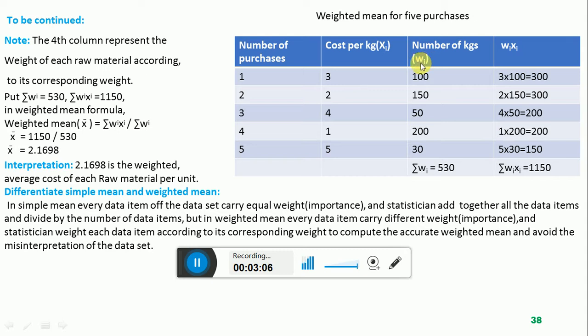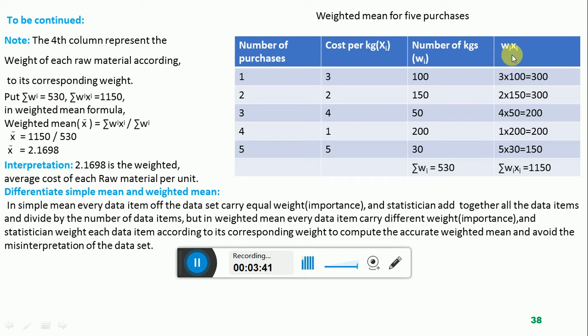If i is 3, W3 is 50 kgs of the third. If i is 4, W4 is 200 kgs of the fourth, and 30 represents that the company needs 30 kgs of the fifth raw material. These are the 5 different kgs of the different raw materials. We call these kgs the weights of every raw material, different weights.